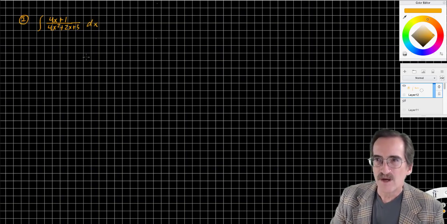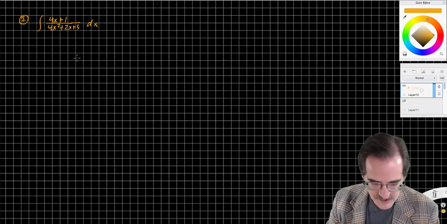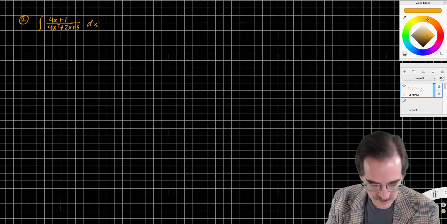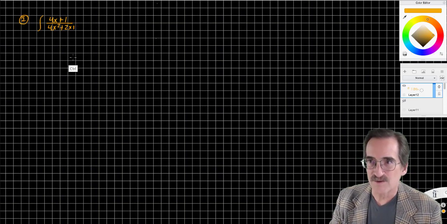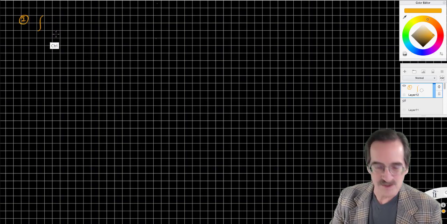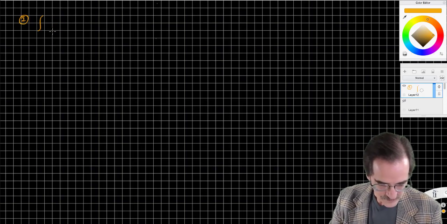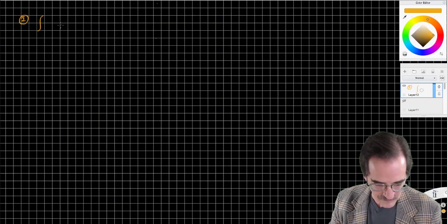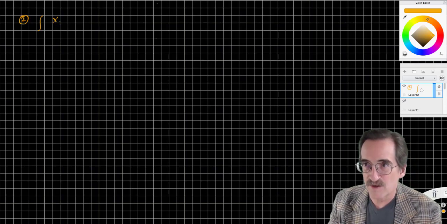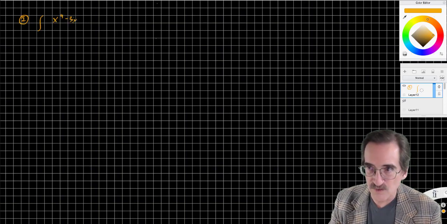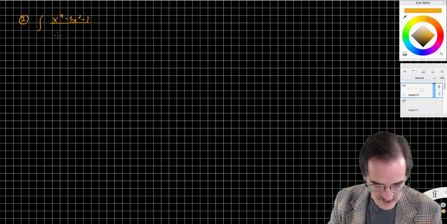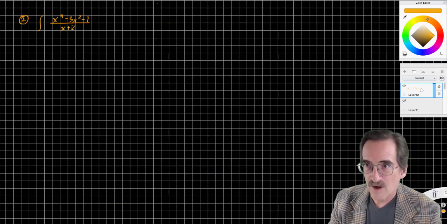Actually, whoops. This is a previous example I did. I read the wrong one. This was a u substitution one. Okay. Now, what I want to do is the integral of x to the 4th minus 3x squared minus 1 over x plus 2, dx.